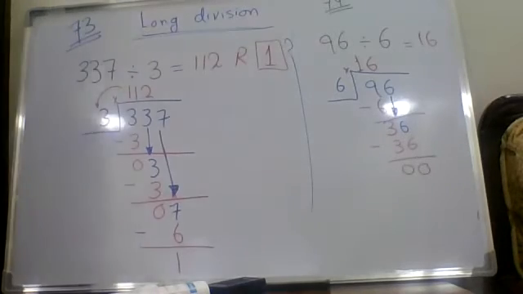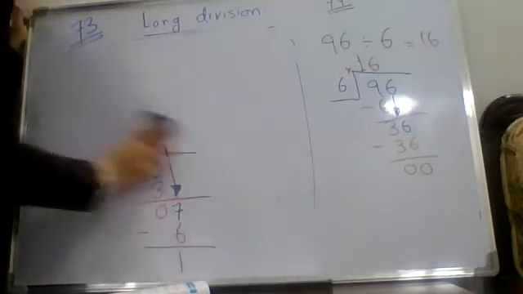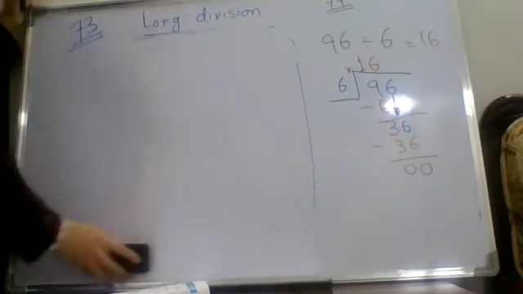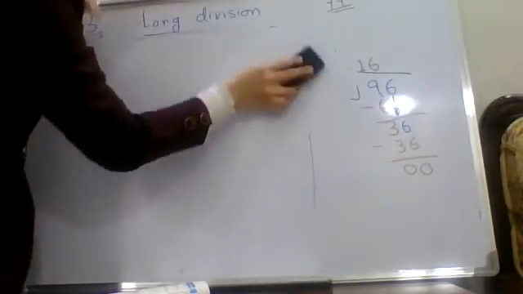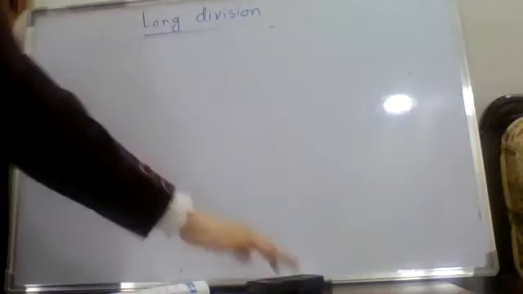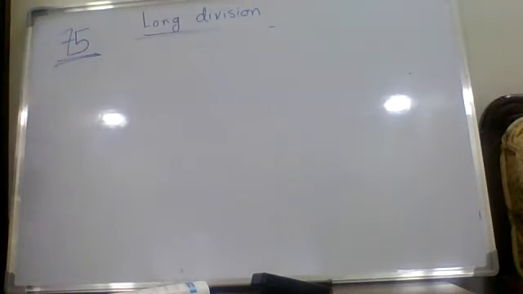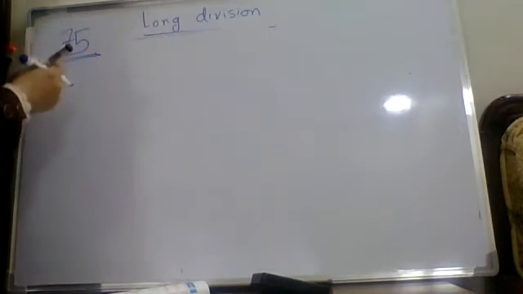Let's take another look at the exercise for you to do on your own. It's on page number 75. Look at the exercise on page 75. I have 2 exercises.